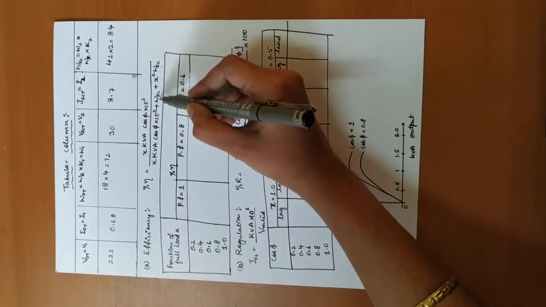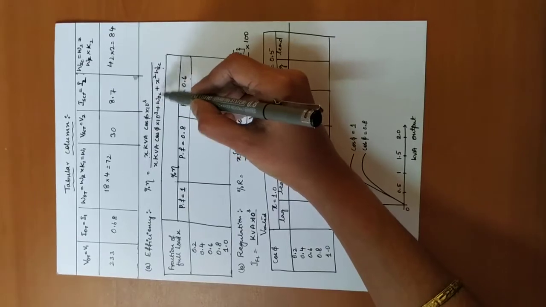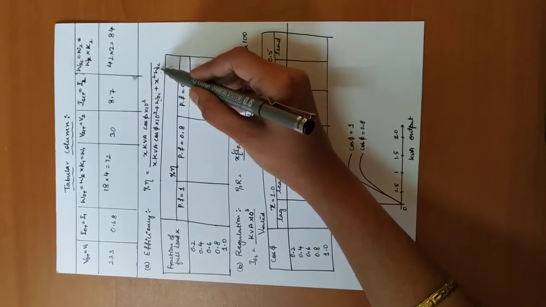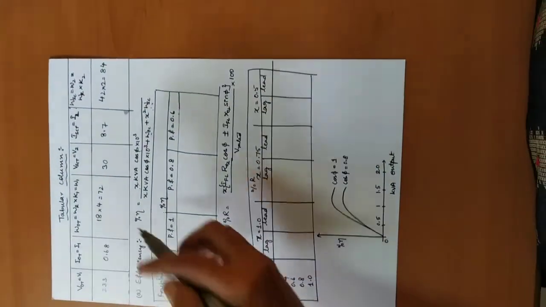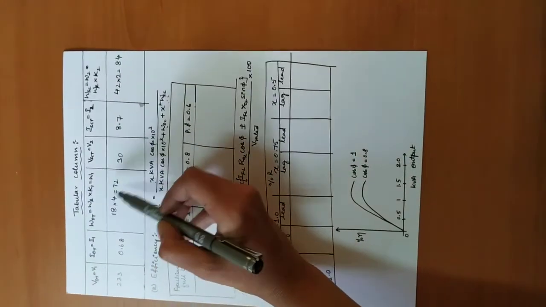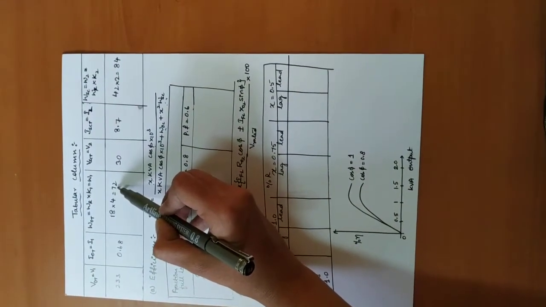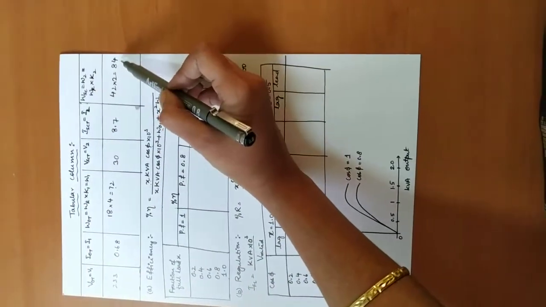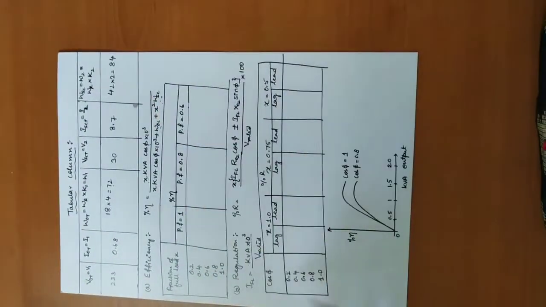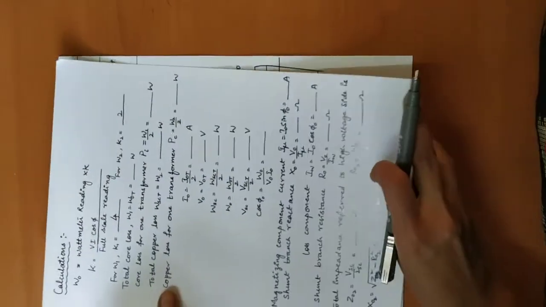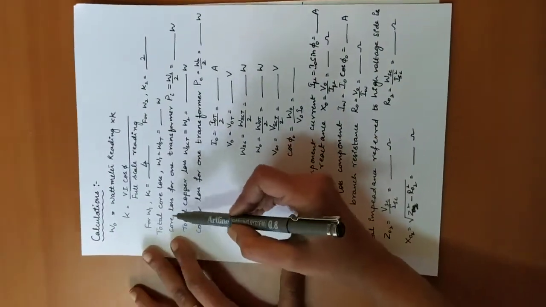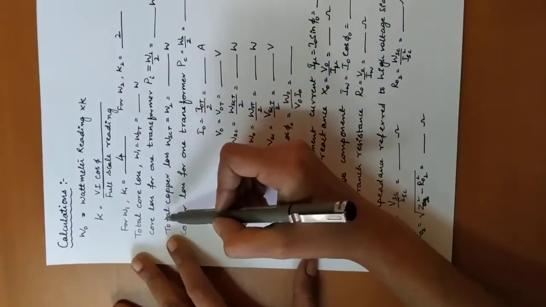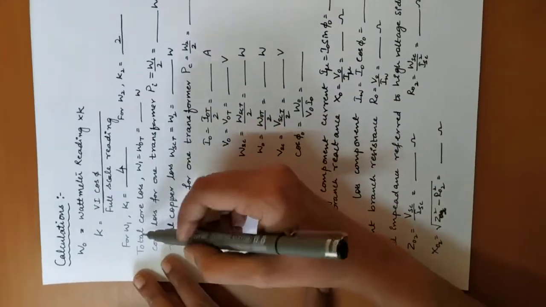Here one thing is we have to find out what will be the two losses, W0C and WSC. W0C you have already observed is around 72, for the total of the two transformers, and this is WSC, that is a total of the two transformers. But now if you calculate here, we can get separately what you need to substitute in the efficiency formula.